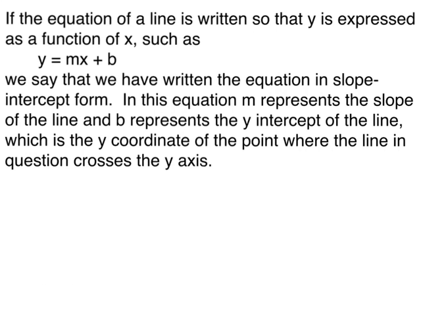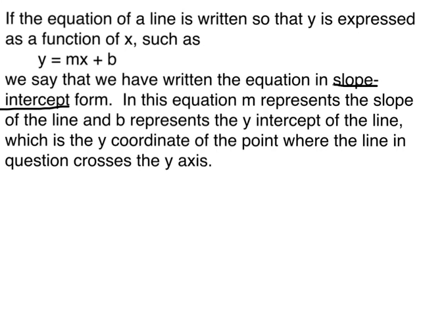If the equation of a line is written so that y is expressed as a function of x, as in our standard y equals mx plus b, then we say we've written the equation in slope-intercept form. And this y equals mx plus b, that is what's known as the slope-intercept equation.